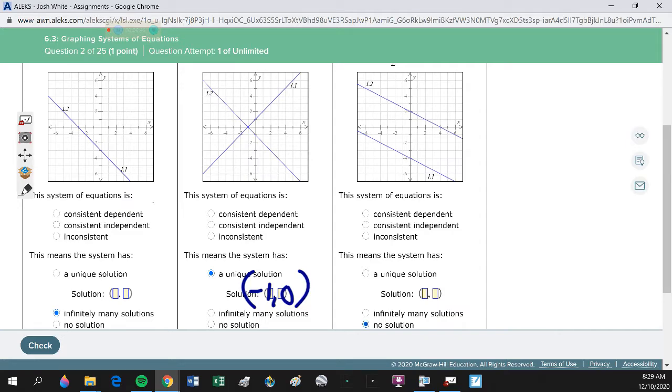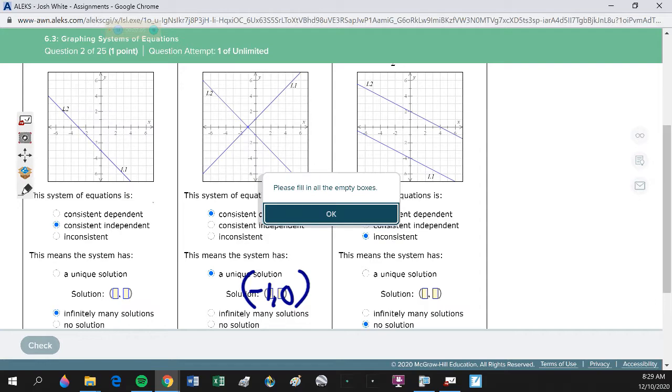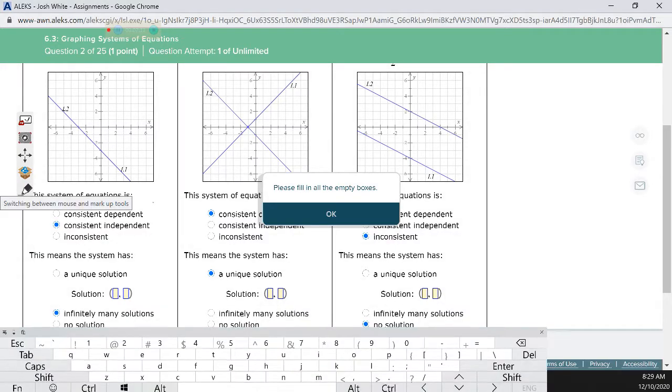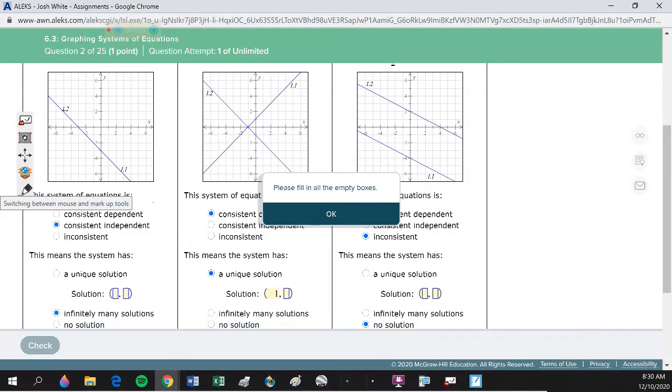So if they don't touch, it's inconsistent. And if they touch once, it's consistent dependent. And if they touch an infinite number of times, it's consistent independent. Now, hold on. Let me check that so I don't lead you astray.